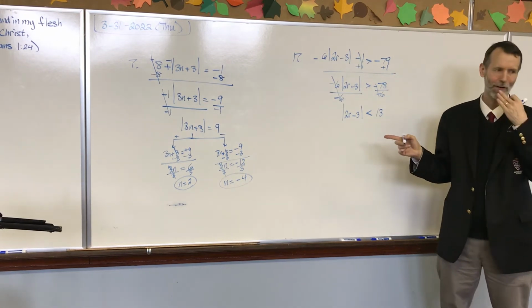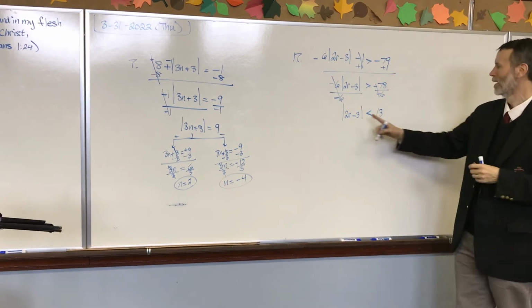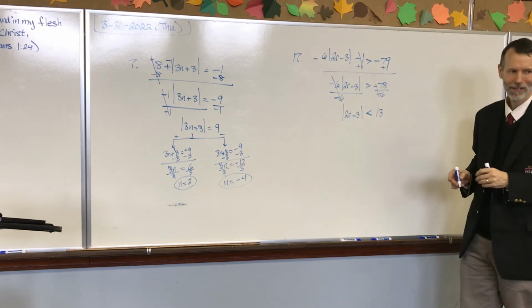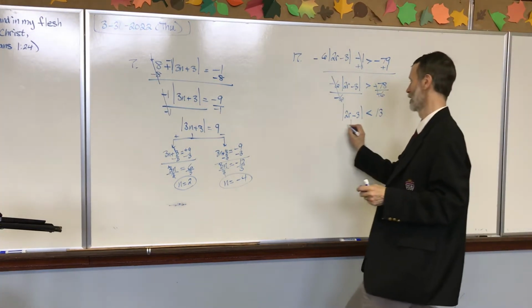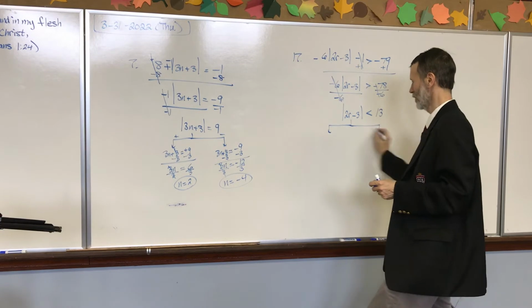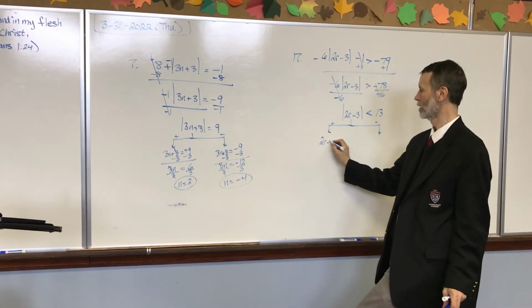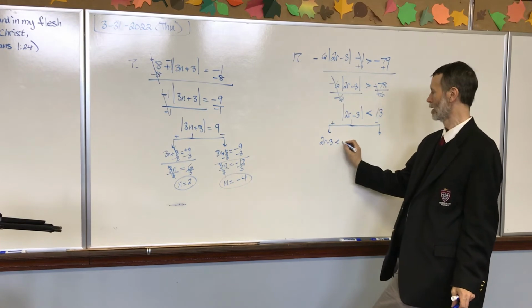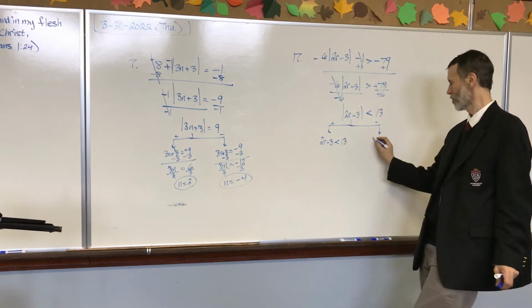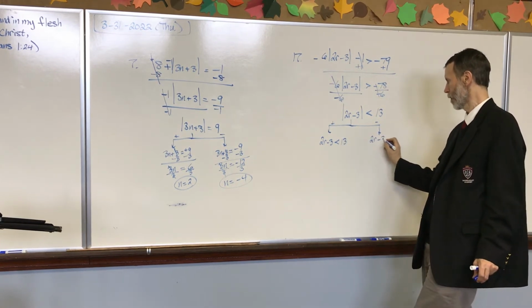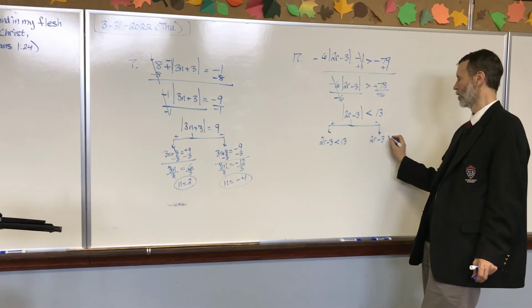So take over, Maria. How do you get rid of the absolute values? Split, correct. What do you put on the left-hand side? And then this one? 2r minus 3 is less than negative, or greater.